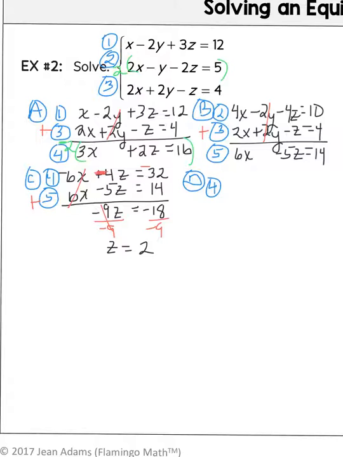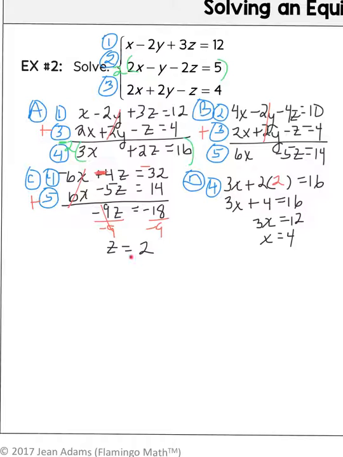All right, so I have 3x plus 2z, and instead of z, I'm going to put in a 2, and then equals 16. So 3x plus 4 equals 16. Subtract 4 from both sides. You get 3x is equal to 12. Divide by 3, x is 4.